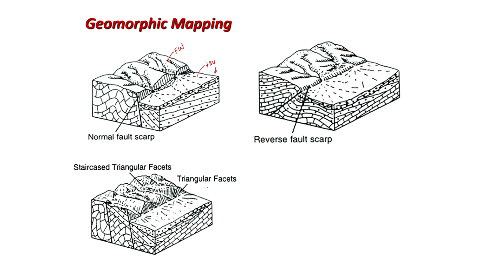Similarly, over here in the normal fault, this will be your hanging wall, because this is moving up, and this is your foot wall. And the fault runs over here, the surface expression of the fault with the warped surface.